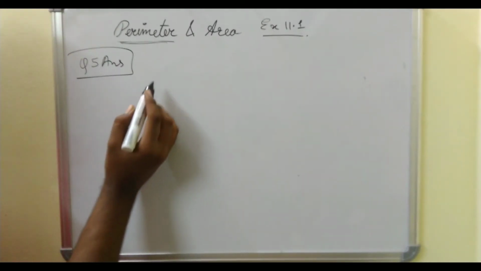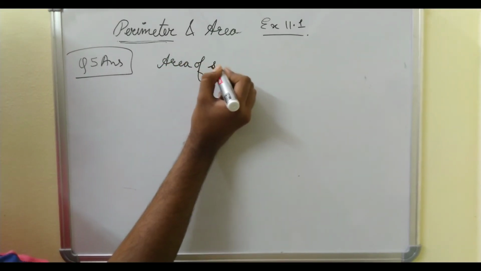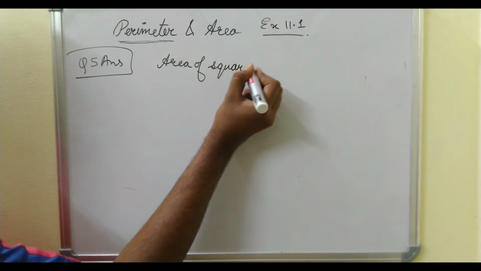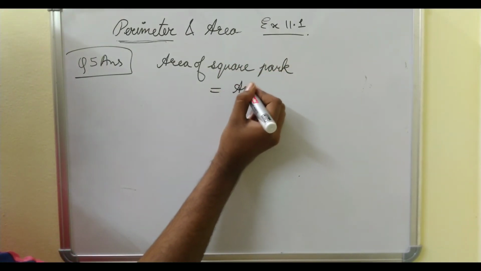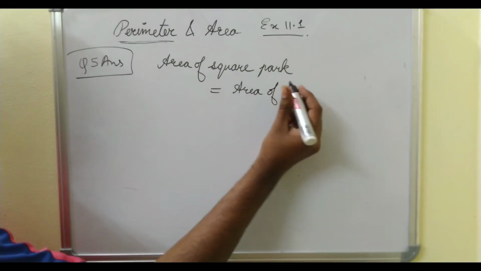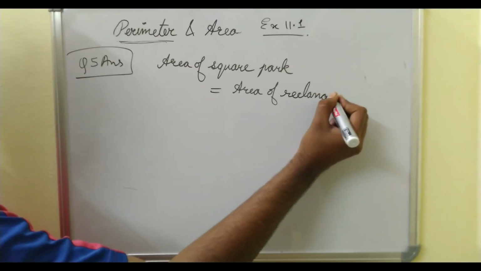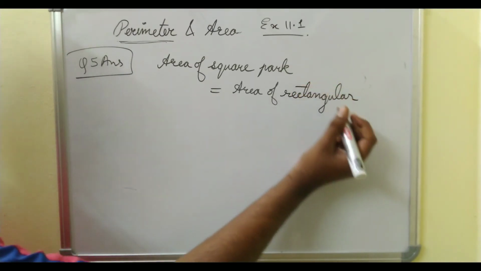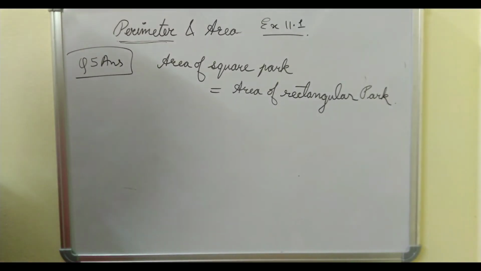Here it is given area of square park is equal to area of rectangular park. Okay. Now try to analyze this.